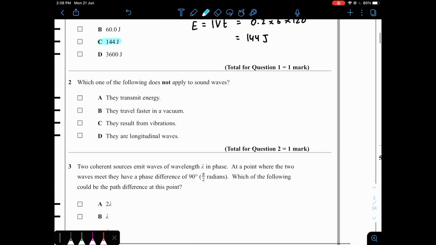Question number 2. Which one of the following does not apply to sound waves? Now a brief recap of what sound waves are. They are longitudinal waves, right? They have rarefactions and compressions. They transmit energy.